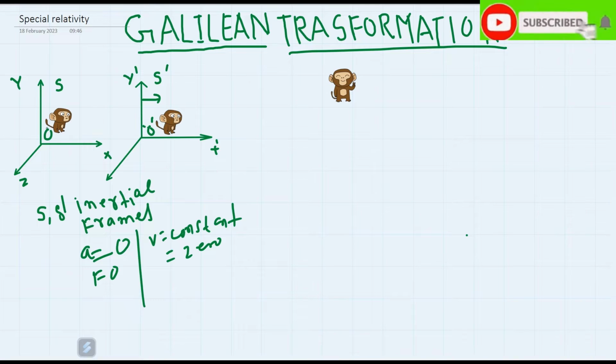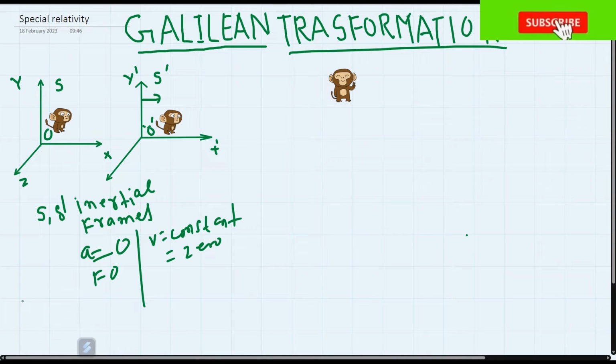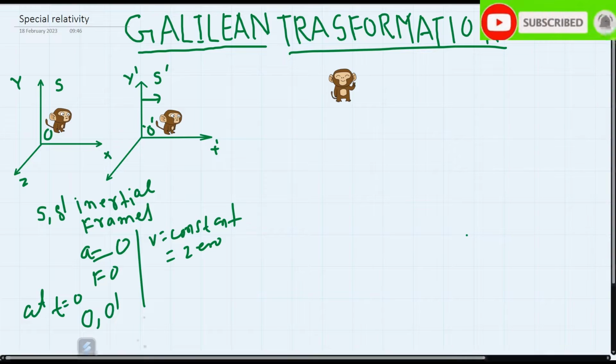Now we have two frames S and S prime, and they have origins O and O prime, and observers are sitting at the origins. At t equal to 0, O and O prime coincide.